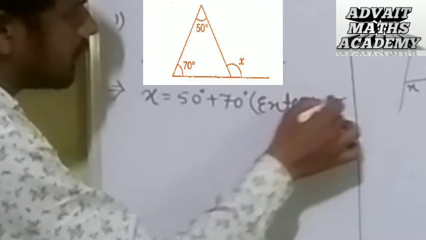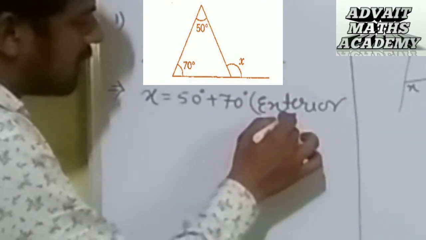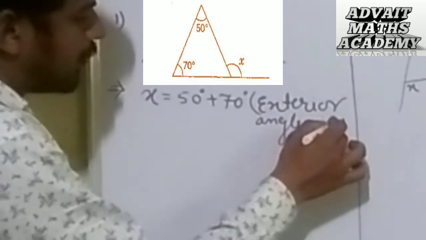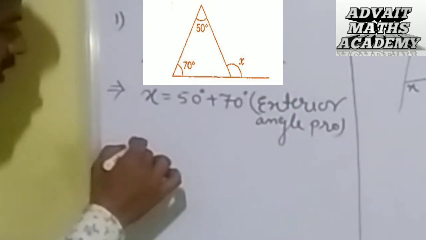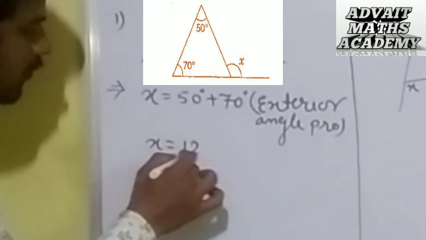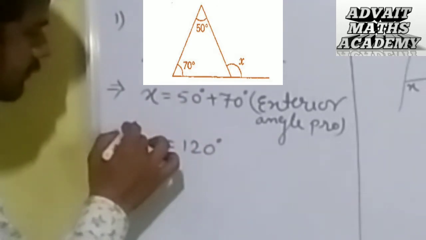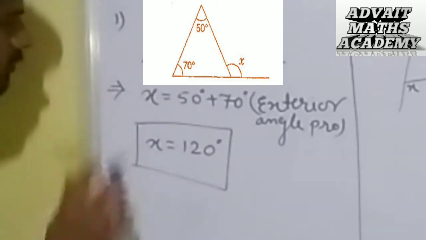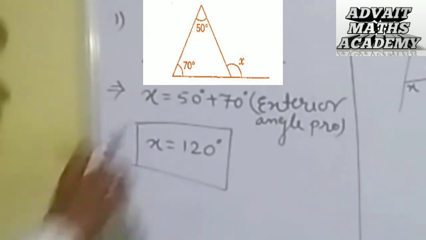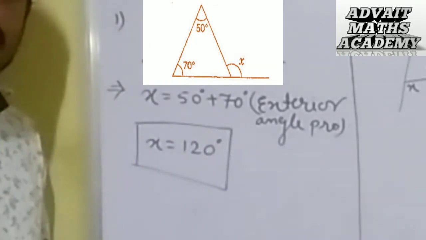Exterior angle property, then x is equal to 120 degree. You got it? That's very simple. The sum of these two gives us the exterior angle.